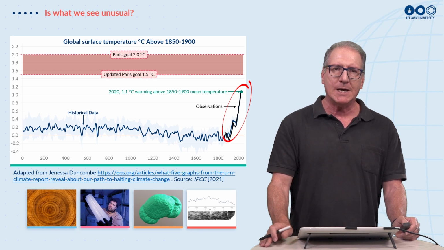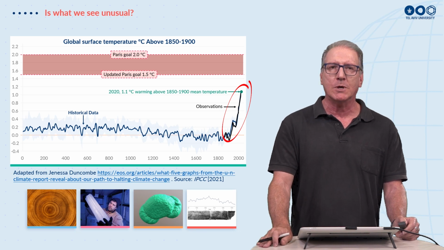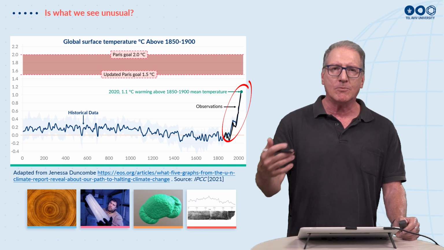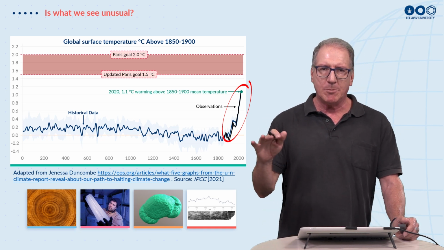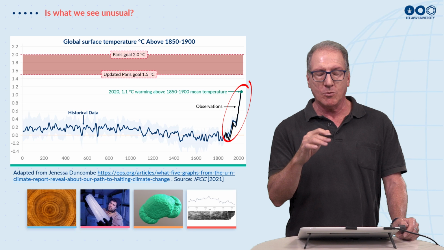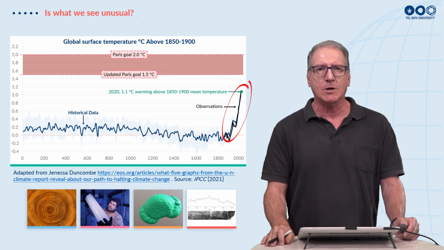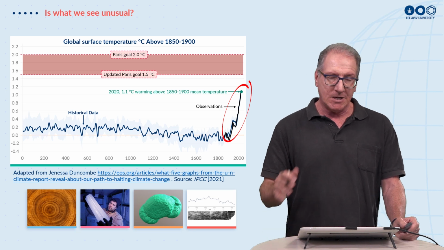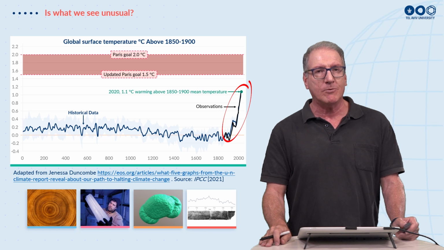And we can also see here the two lines, the thresholds at the top of the Paris Accord, the United Nations conference in Paris in 2015, where they decided that we shouldn't really pass 2 degrees global warming or even 1.5 degrees, which was updated in the Glasgow conference in 2021, and that if we do pass these thresholds, we may have irreversible climate change.